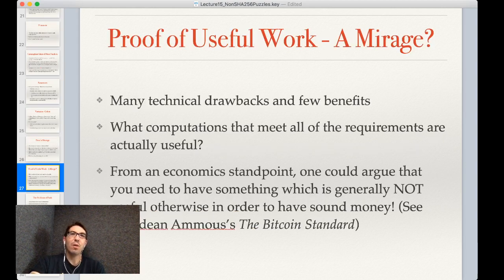However, overall, is using proof of useful work a mirage? There are a lot of technical drawbacks. There are benefits to doing this in such a decentralized way, especially data storage, but there aren't a lot of benefits for using it directly for block production. There aren't a lot of computations that meet all of the requirements that we need for true proof of work.